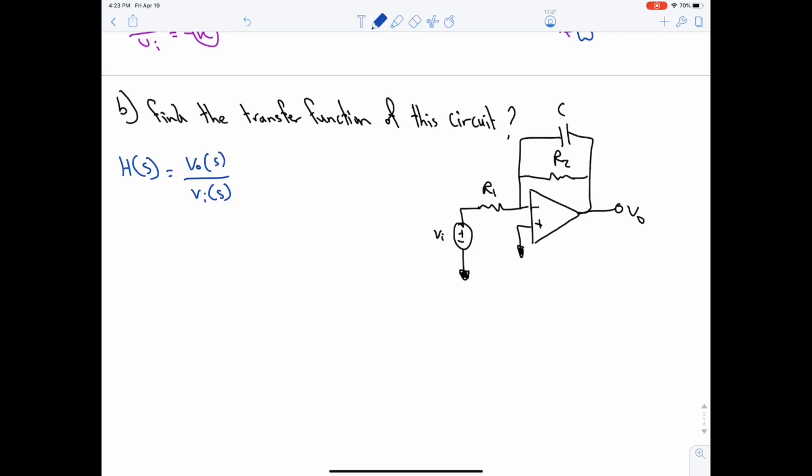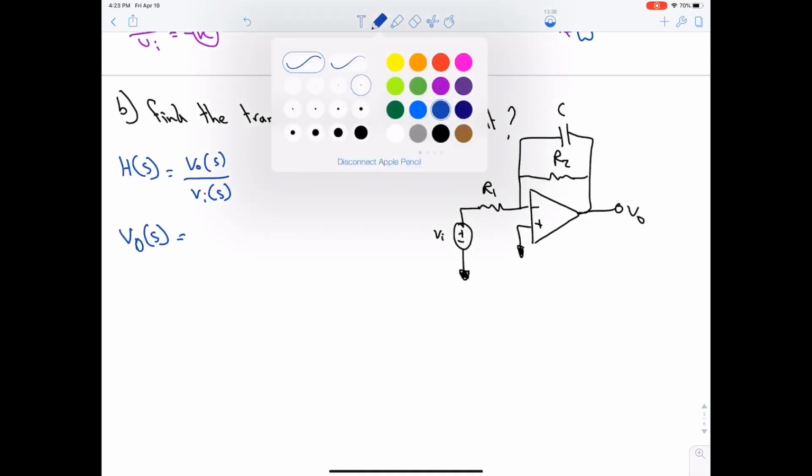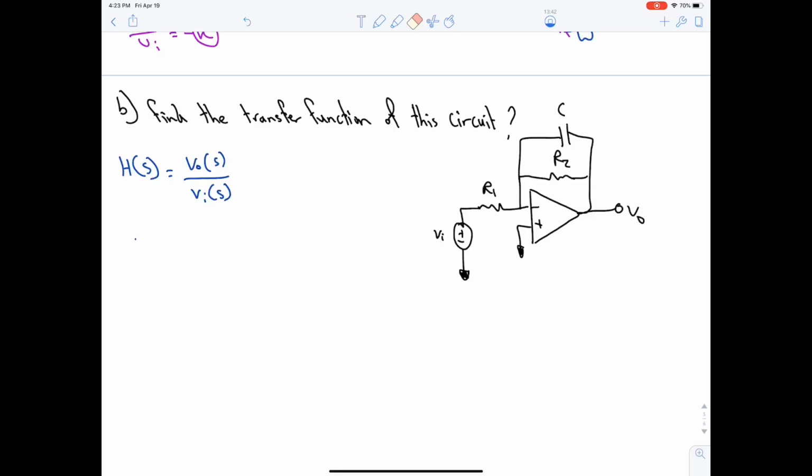Now in passive filters, what did we usually do? We usually start from V output and we do voltage division. But here it's impossible to do voltage division because of the op amp. So here we will solve it using another technique. If you remember, we said that V output over V input is equal to minus K. And K was the top impedance divided by the bottom impedance.